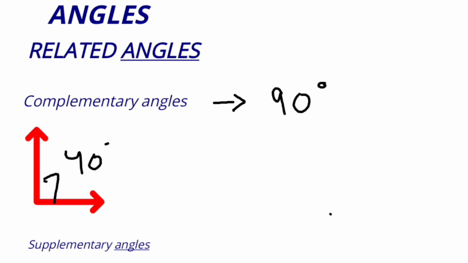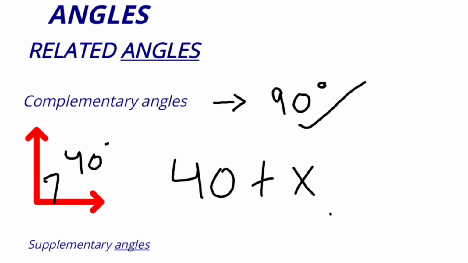As I told you, complementary angles वो होते हैं जिनका sum 90 degree होता है. तो आपको एक angle 40 degree given है, तो हम second को x suppose कर लेंगे और we know इनका sum कितना है, 90 degree.